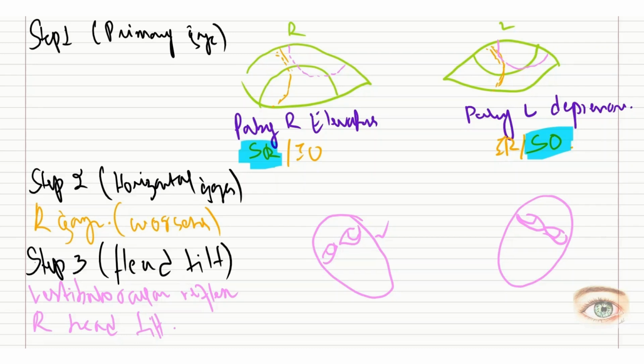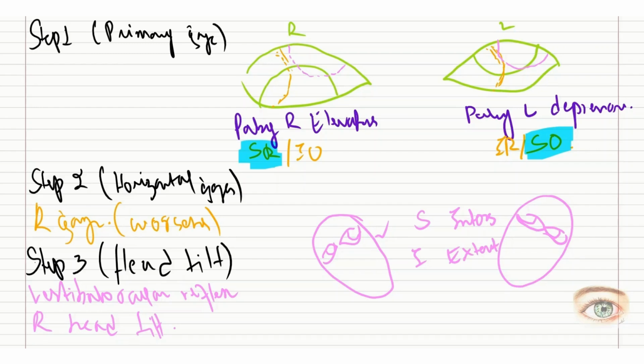So this is the cyclo movement, the cyclotorsion, right? Now we know that superior muscles are intorters and inferior muscles are extorters, right?